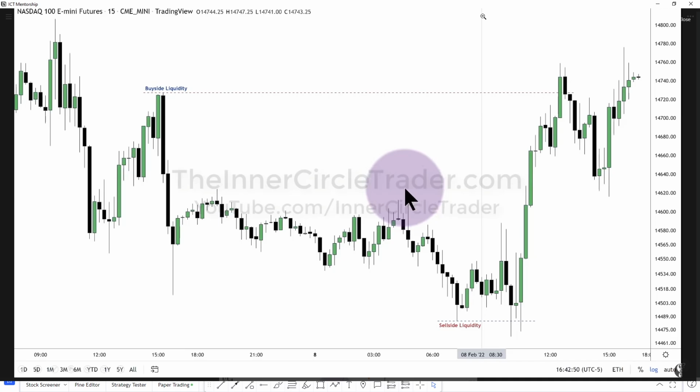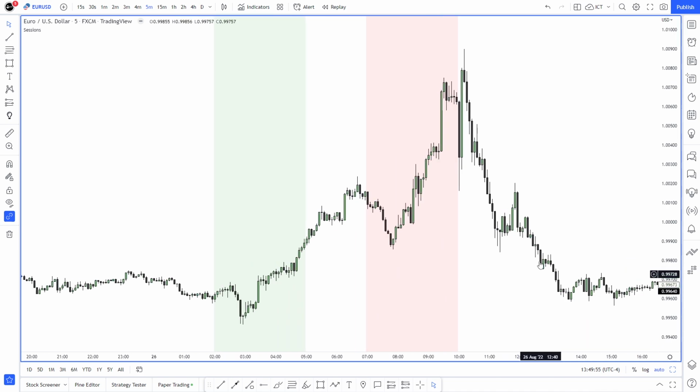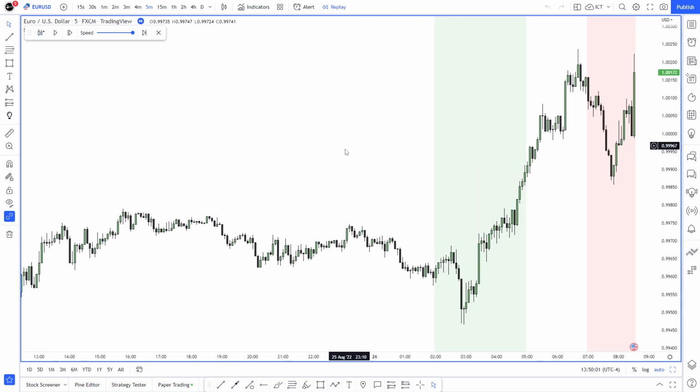So how do I determine my bias? I've talked about it a couple of times, but as an example, if I am analyzing price at 8:30 and I see this to my left, how can I determine the bias? Bias is something that we're never going to have 100% right. We cannot know that price will continue going higher after a certain amount of time.